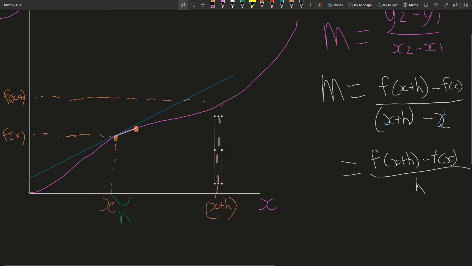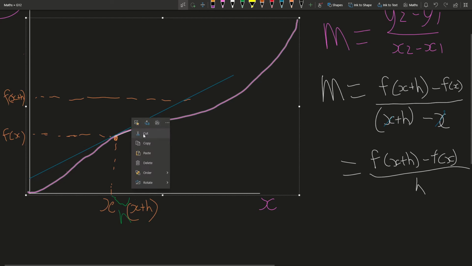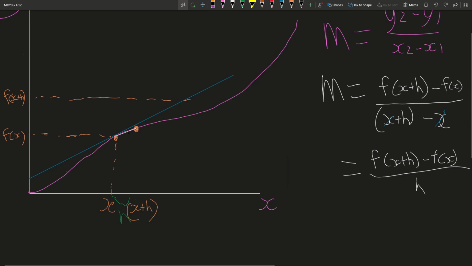So we are moving our x plus h closer and closer. And the closer we move it, it might wobble up and down a bit depending on the slope of the line, but once we get really, really close, you see it's going to get really, really accurate.